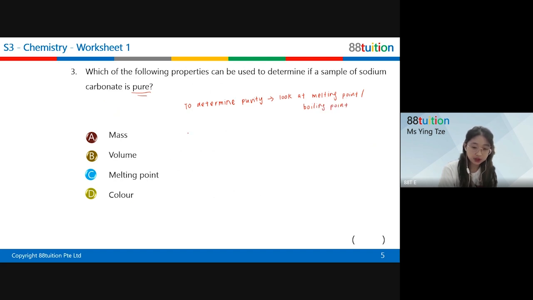So what we do is we check if the sample melts or boils at a constant temperature. If it is impure, it will melt or boil over a range of temperatures.